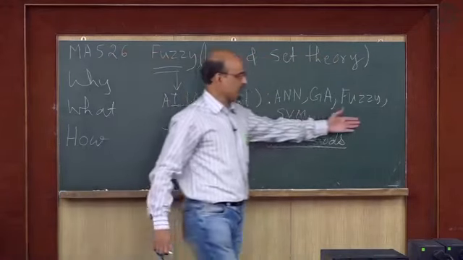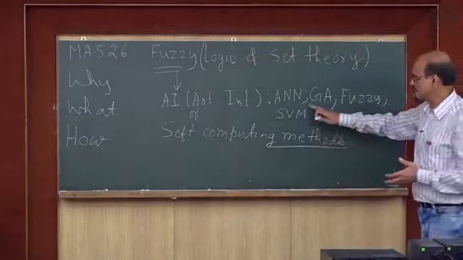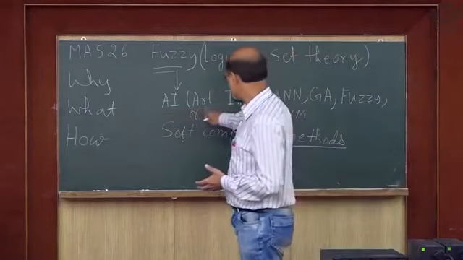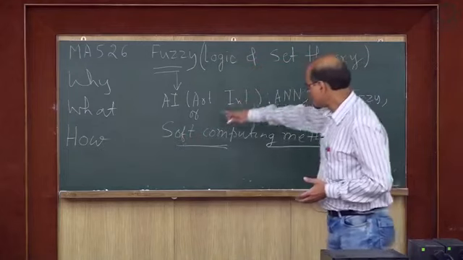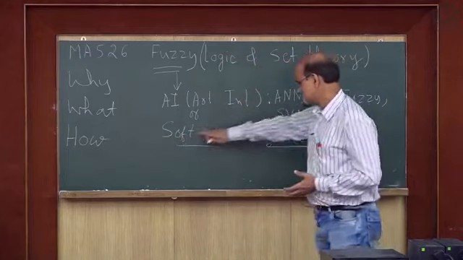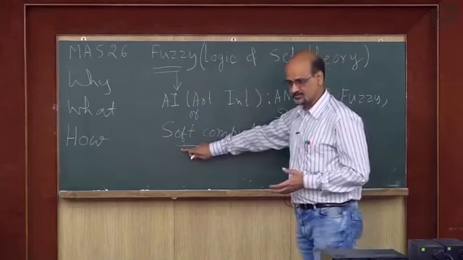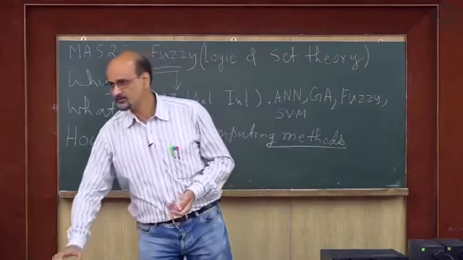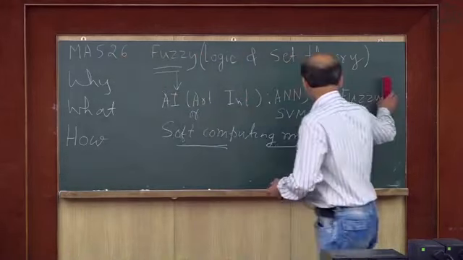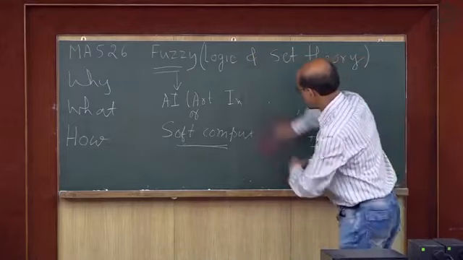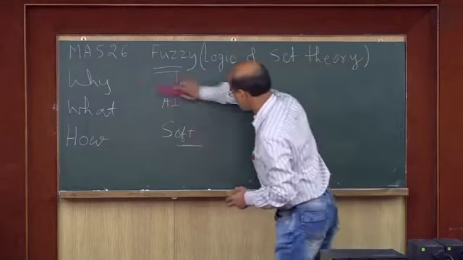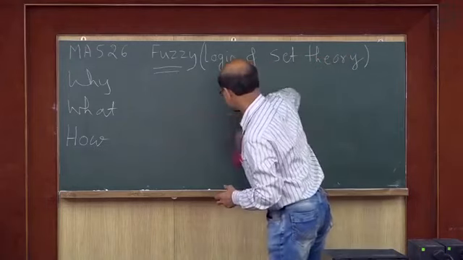So there are plenty of other areas which come under this AI, that is artificial intelligence or soft computing. Okay, why we call these techniques soft computing? Because we know what is hard computing. So remember, these are under AI, or actually in total this comes under all the mathematics.